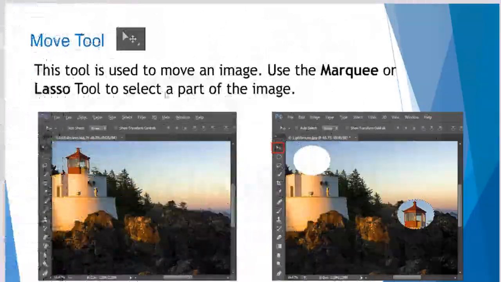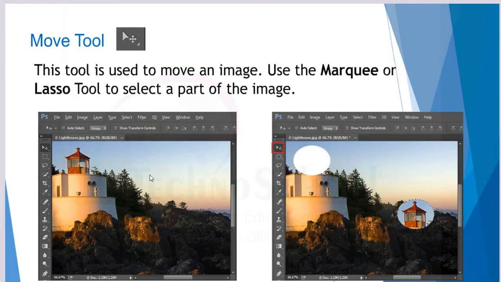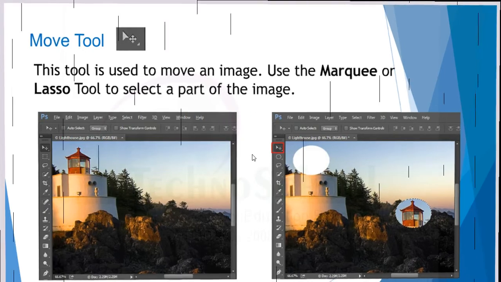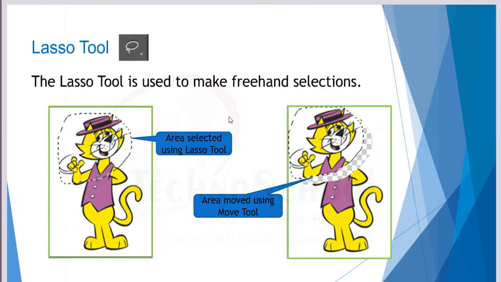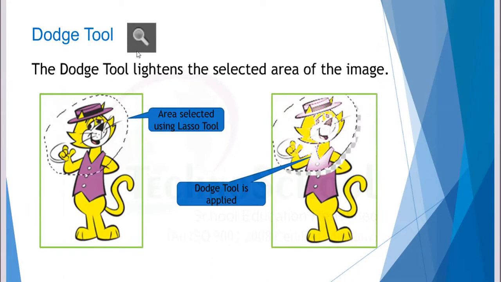We learned about the first one, the move tool, and how it works. The second tool, the lasso tool, is a freehand selection tool. Also the dodge tool lightens the selected area.